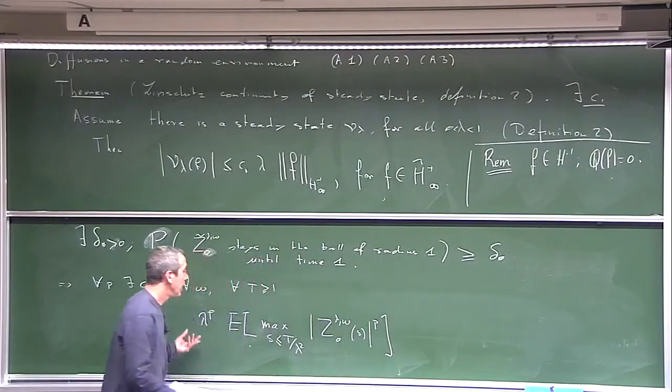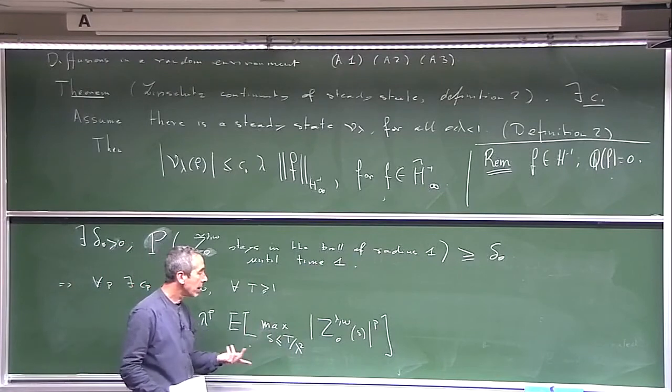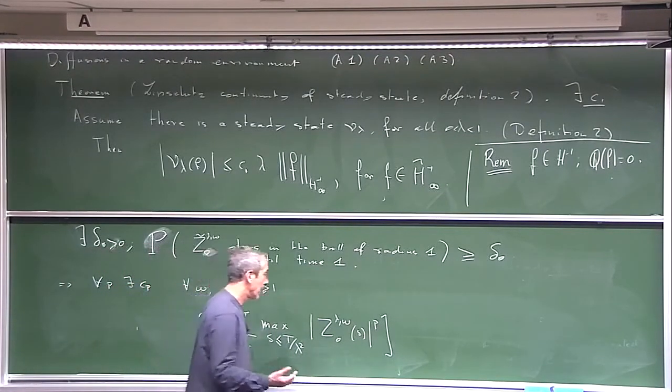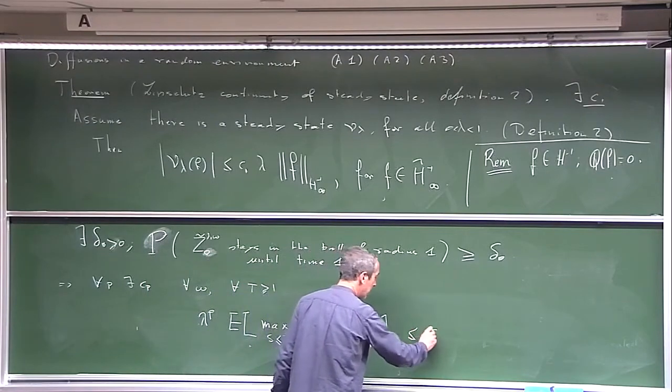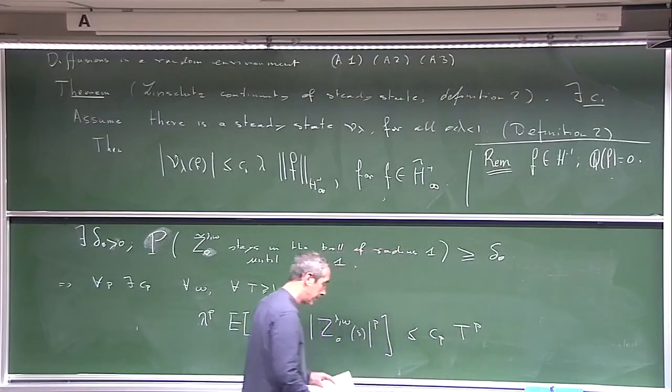So here what I wrote is the sup of z tilde on a finite time interval, and I claim that this is bounded by some constant times time to the power p.